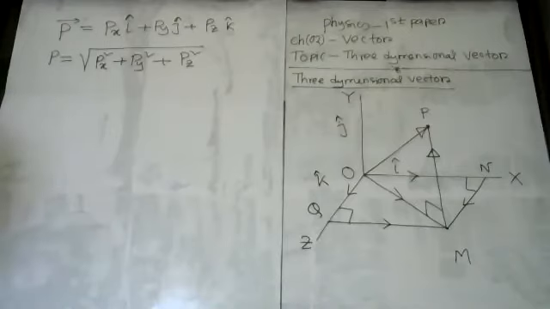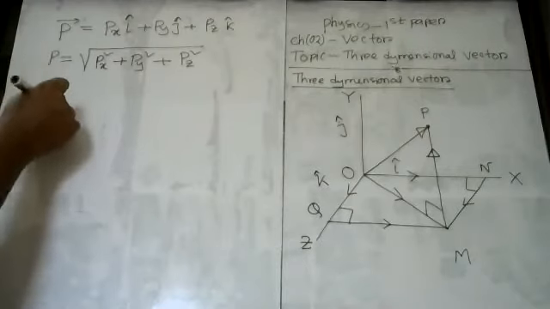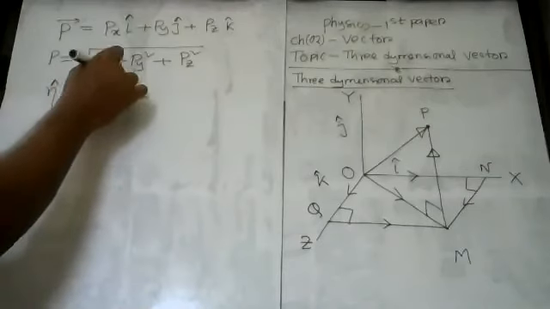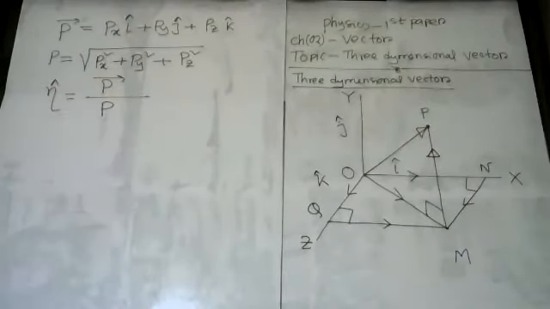Now, I want to find out the unit vector of P. So, unit vector of P will equal to vector divided by its magnitude. My dear student, vector divided by its magnitude.